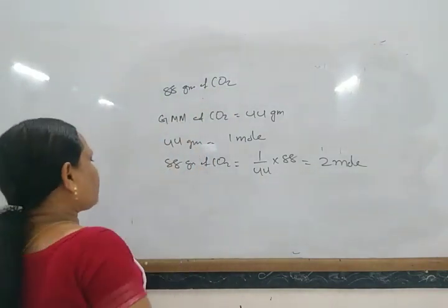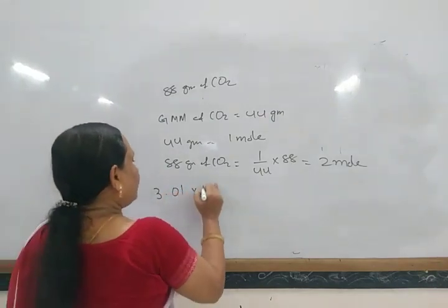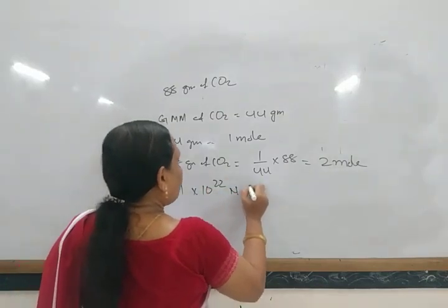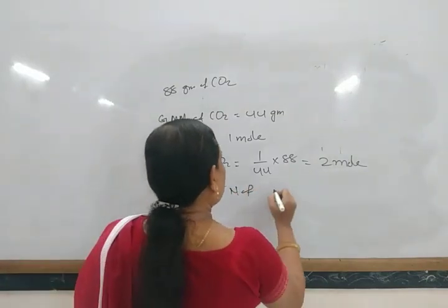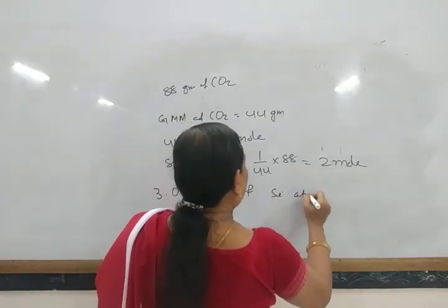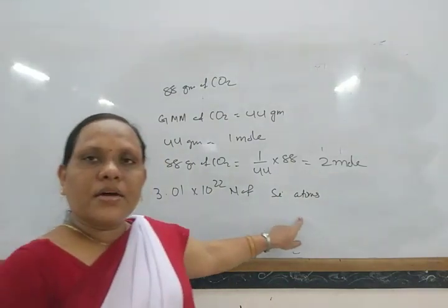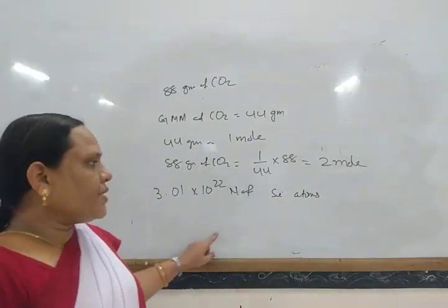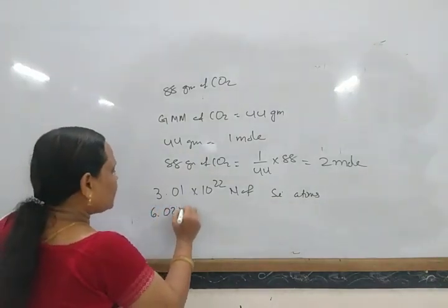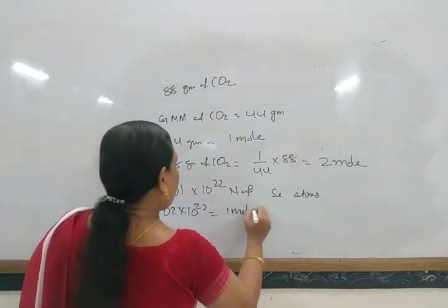Suppose 3.01 into 10 to the power 22 silicon atoms are given. Express it in terms of mole. How many moles are there? We know 6.02 into 10 to the power 23 equals 1 mole.